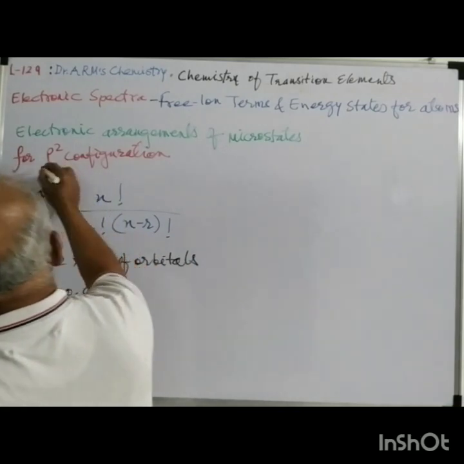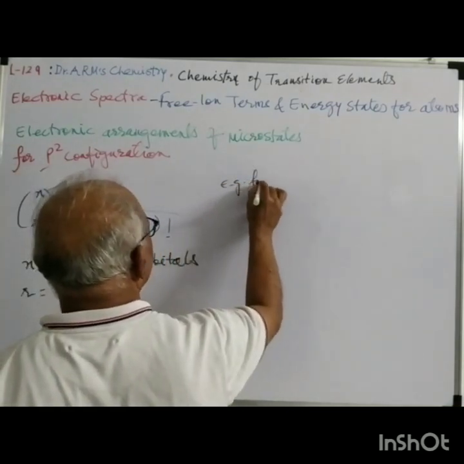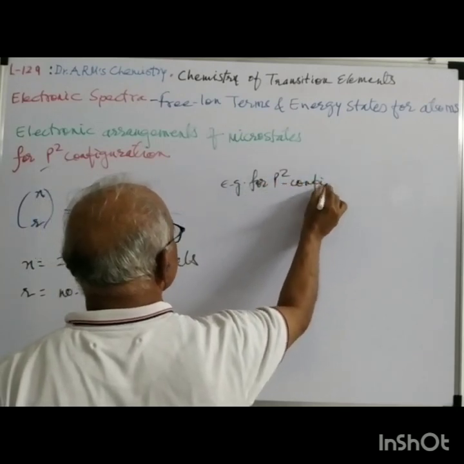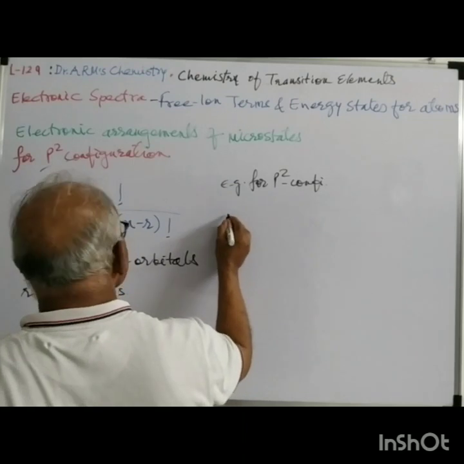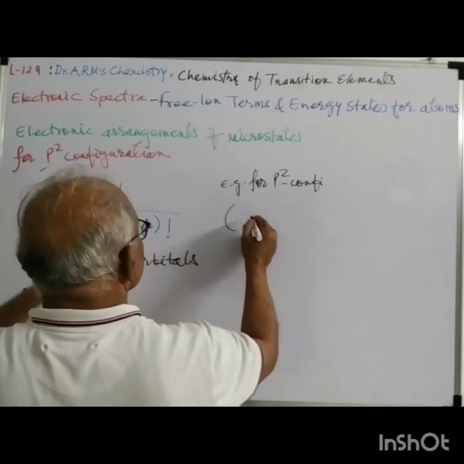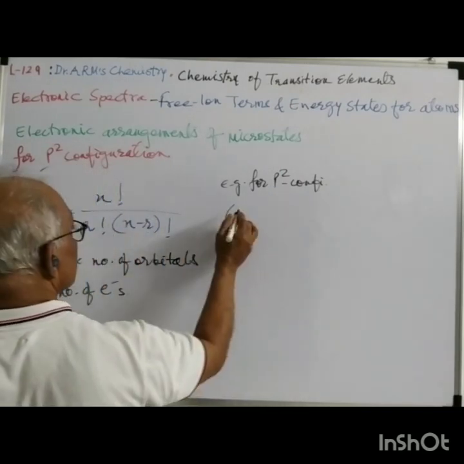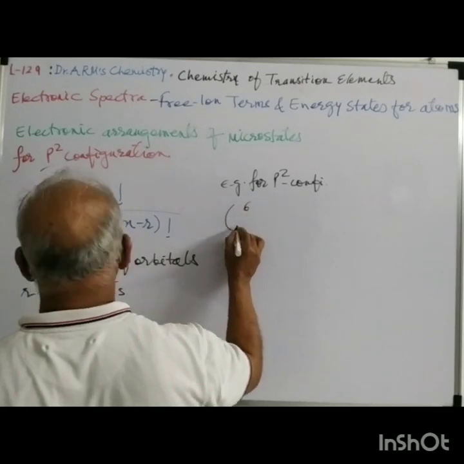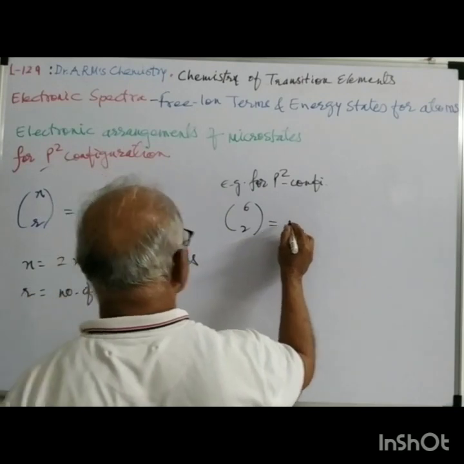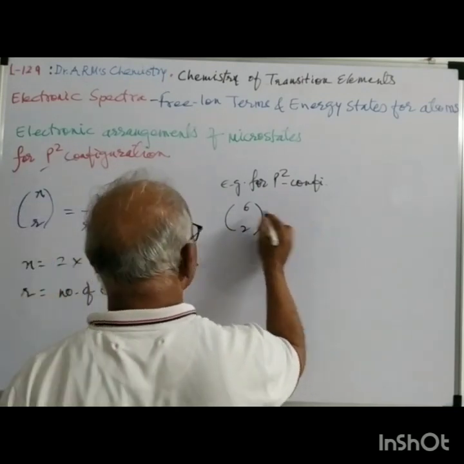For example, for this P2 configuration, we will have this: the orbitals are 3, so 3 into 2 means 6, and the number of electrons is 2. So this shows that n is equal to 6.